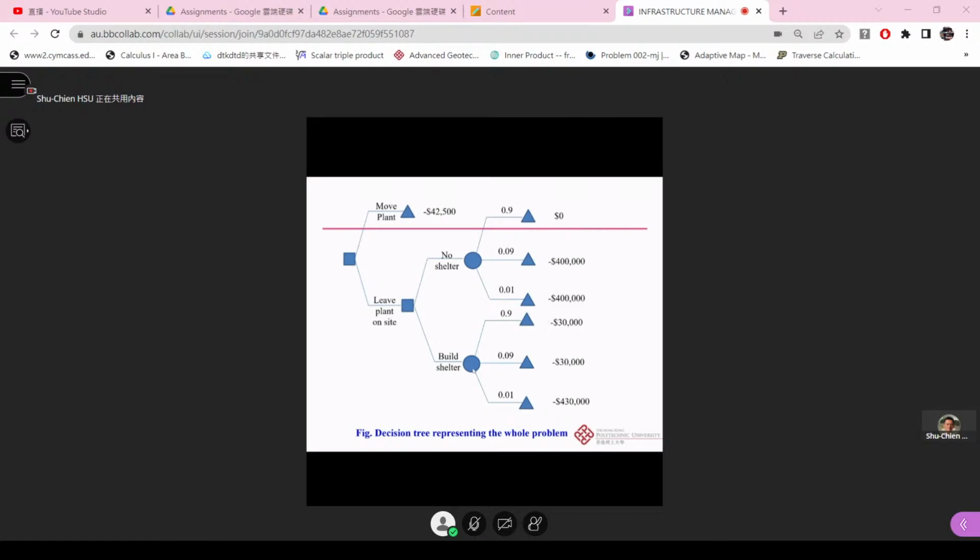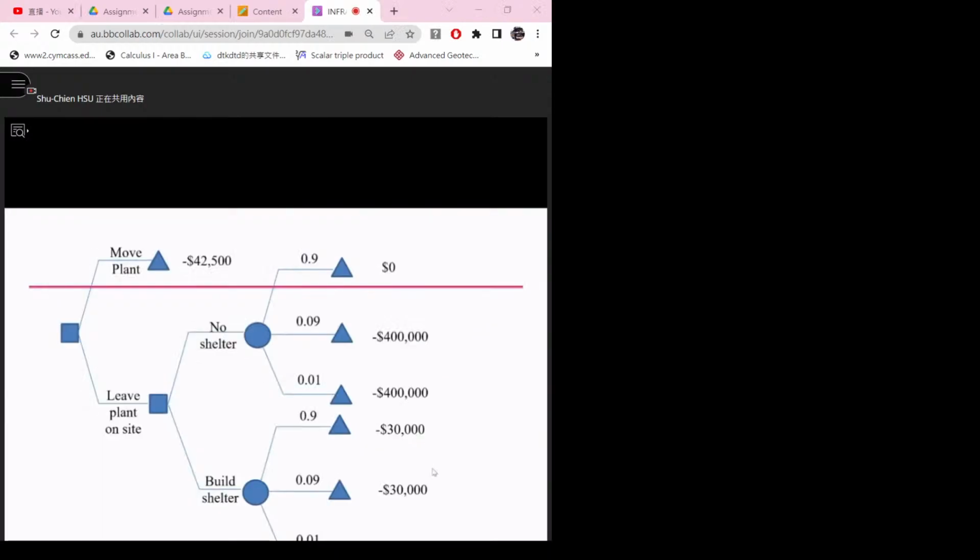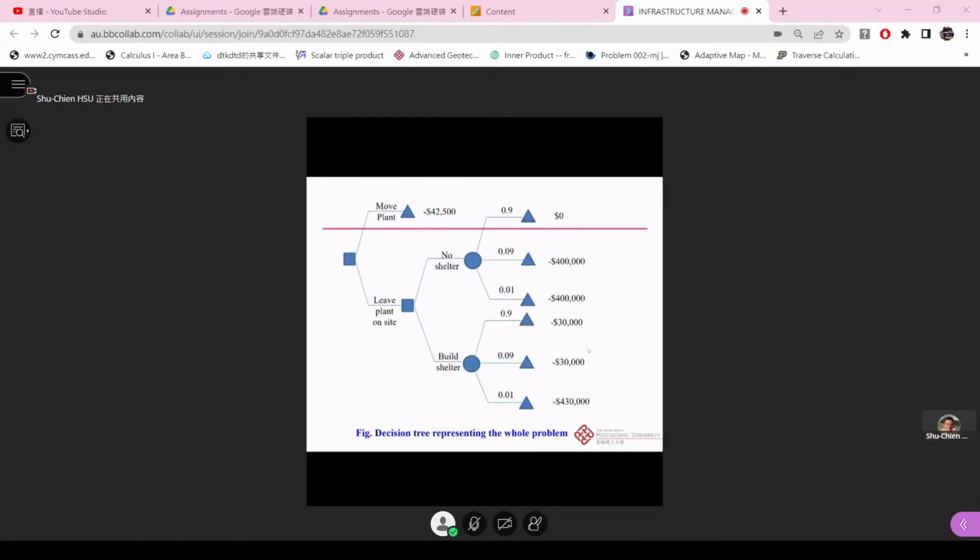Or you can also do another option, like building a shelter. If we decide to do that, we have the 99% chance, which is the 90% chance of no typhoon and also 9% for the minor typhoon, so we put in the negative 30,000 here, which is the cost to build the shelter to protect the plant. So this is how we do that.